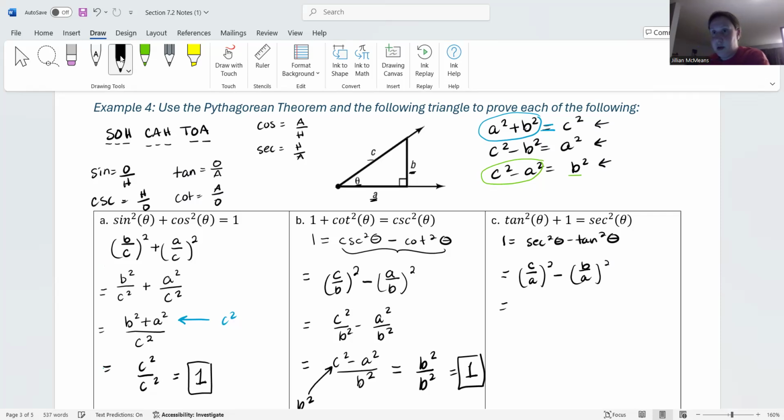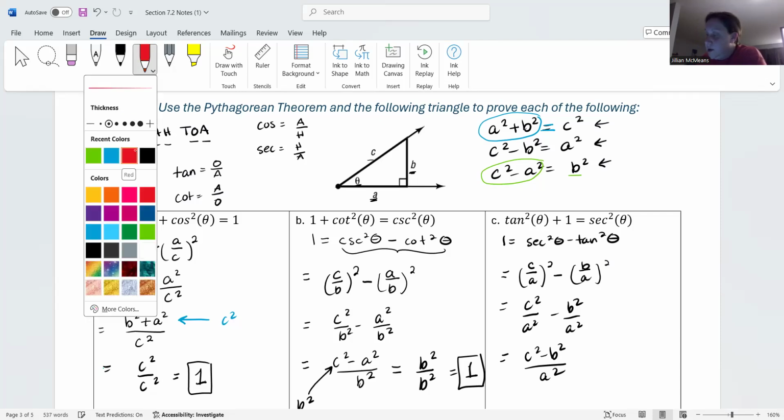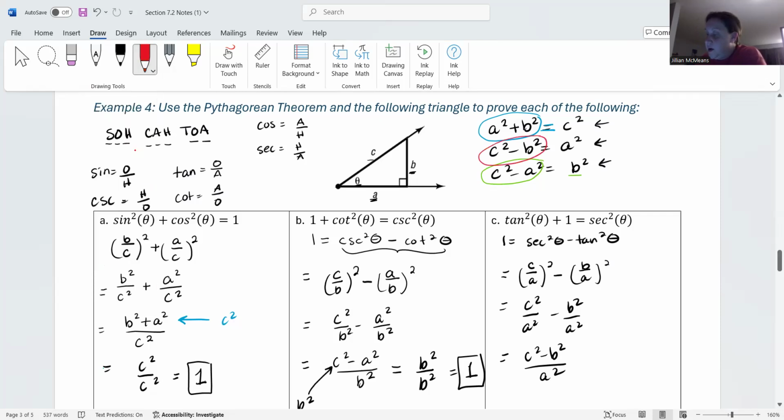So doing just a little basic arithmetic, we're going to get c squared over a squared minus b squared over a squared. Well, we've got fractions with common denominators, so this is c squared minus b squared over a squared. And if you look right here, c squared minus b squared is equal to a squared. So this right here is a squared.